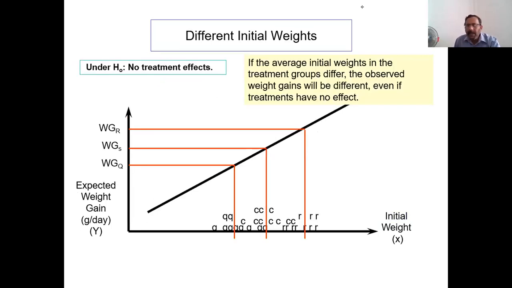Now in the actual scenario, in the real scenario, this is the story. Why? All the animals are not coming with the same weight. All the animals are coming with a different initial weight, right? So under that, if I come with the null hypothesis of no treatment effect, suppose the average initial weight in the treatment groups differ, the observed weight gain will be different even if the treatments have no effect.